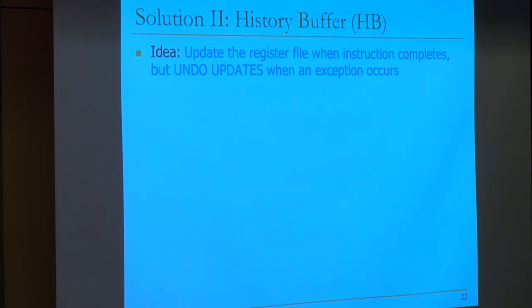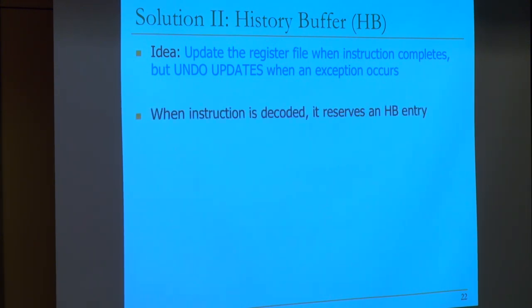Reorder buffer was pessimistic, in the sense that it's not writing a value into the register file until we know that the instruction really can be completed. Whereas history buffer, optimistic. I'm going to assume that I'm going to complete this instruction. So update the register file. If there's a problem, I'll undo my update. It's essentially a log. That history buffer is a log of old values.